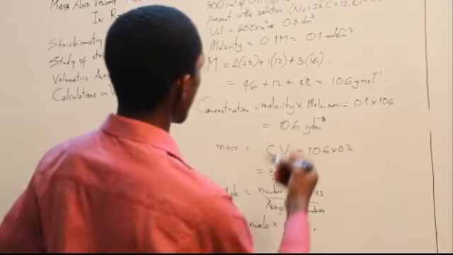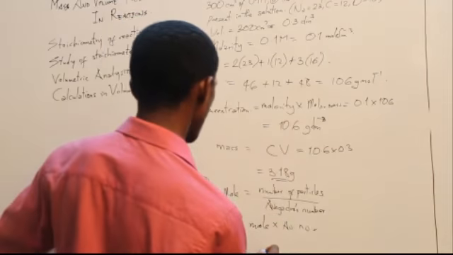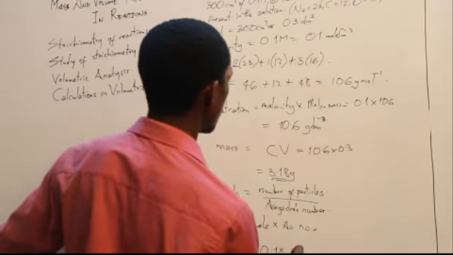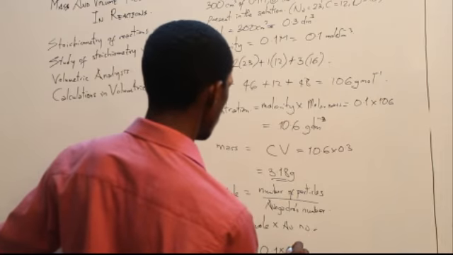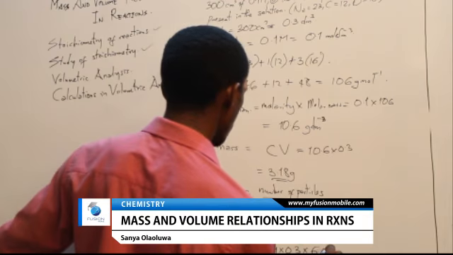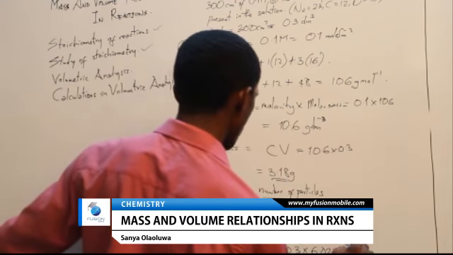So I can go ahead and pick my volume and my molarity: 0.1 multiplied by my volume, 0.3, then multiply all of that by 6.02 times 10 raised to the power 23.